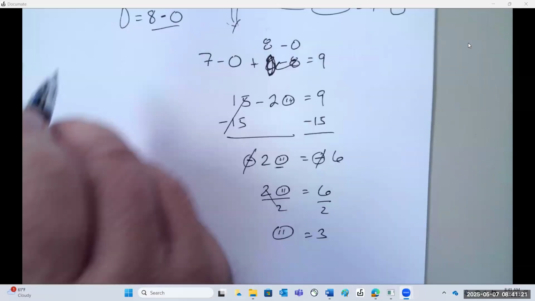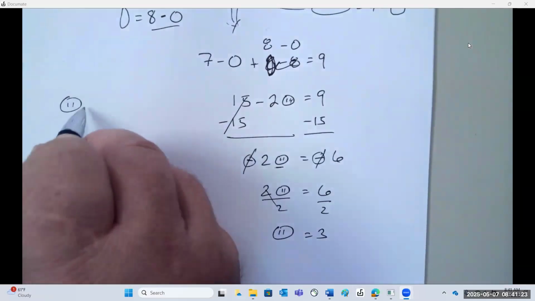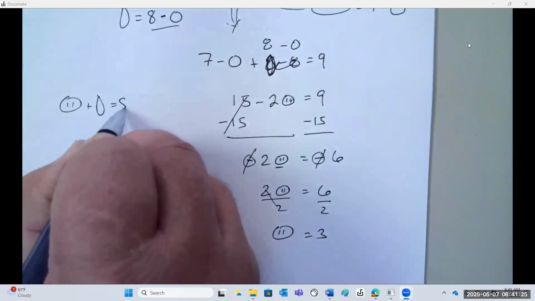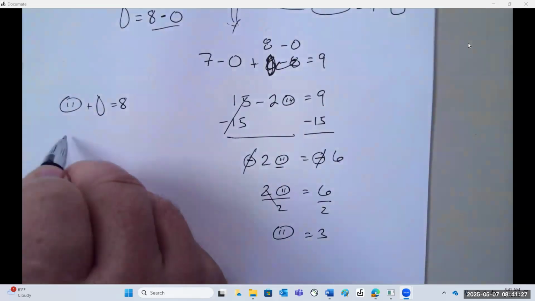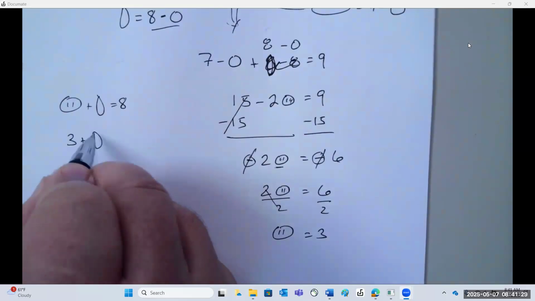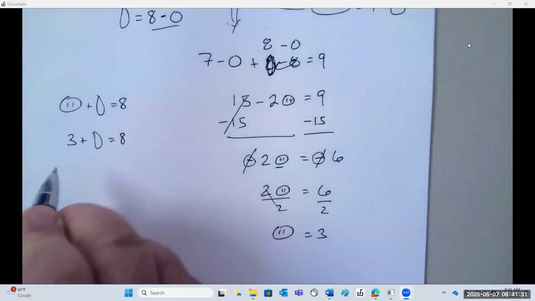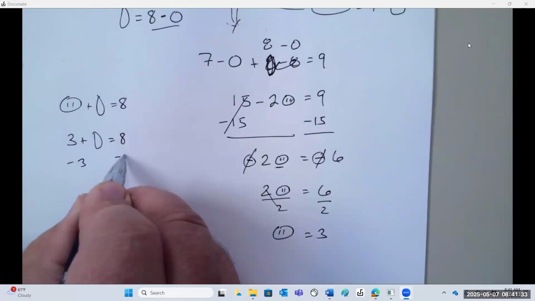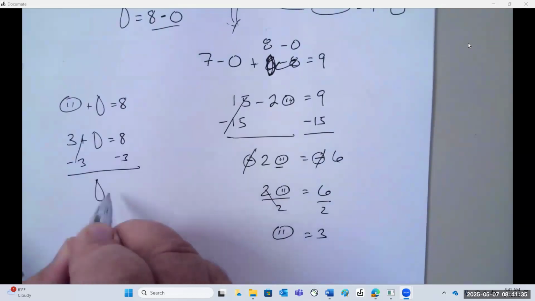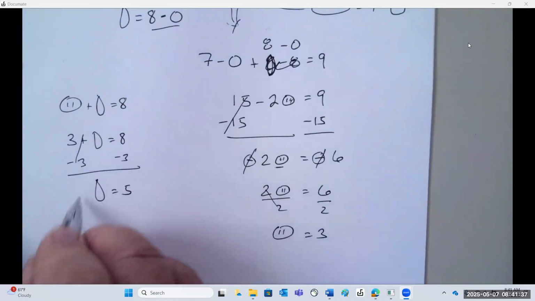So in this first one, we have a cantaloupe plus the flower equals $8. So 3 plus the flower equals 8. Subtract by 3. And I know the flower costs $5.